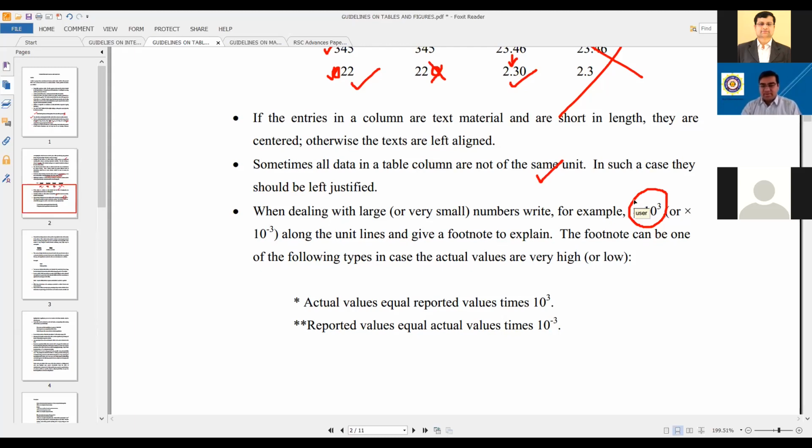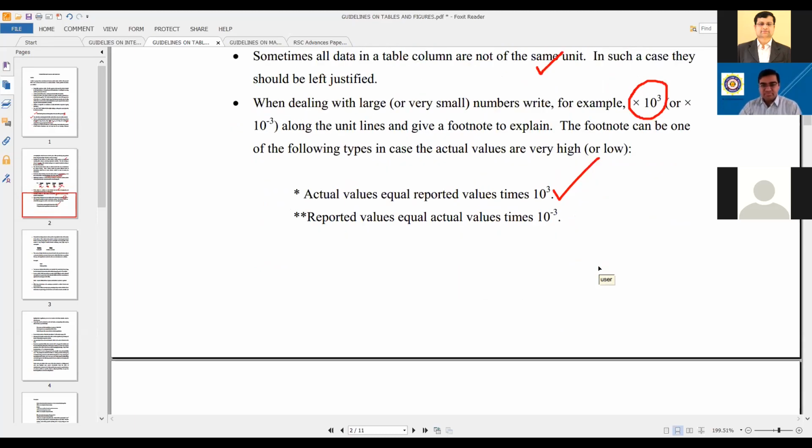You can give a footnote below the table, right? And you can explain the value of that. You can put an asterisk mark over there and you can tell the meaning of that asterisk mark in the footnote. Got it?